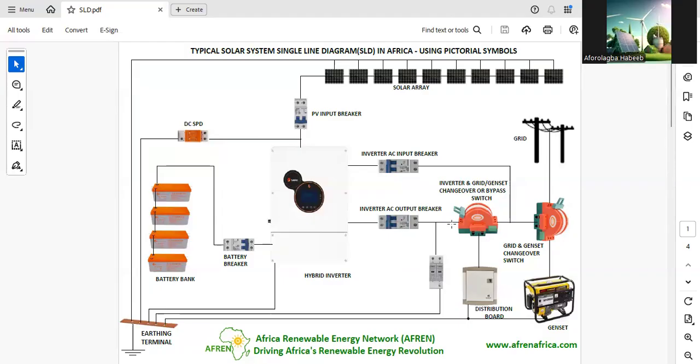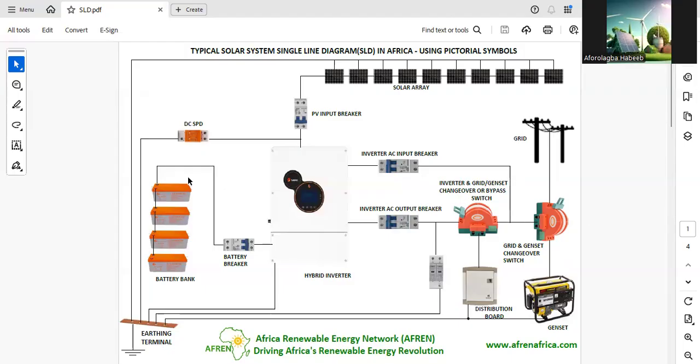This is the diagram that we mostly make use of, with two changeovers, or one changeover and one bypass switch. So I can interchange between grid and genset. One changeover will interchange between grid and genset, while the other one will be used to interchange between inverter and grid or genset, the changeover or bypass switch. So that is what this one is for.